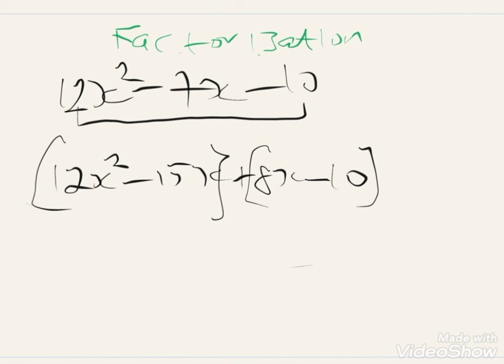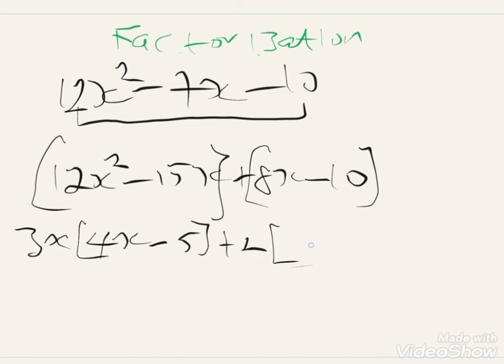All right. The GCF here is 3, it can go in 12 and in 15. So I take 3x. 3x cancel this, I will be left with 4x. 3x cancel this, I will be left with minus 5. Here, the common factor is 2. 2 cancel 8x is 4x. 2 cancel minus 10 is minus 5.